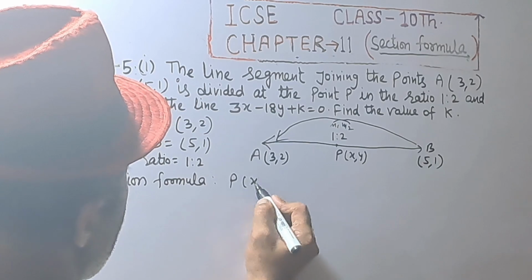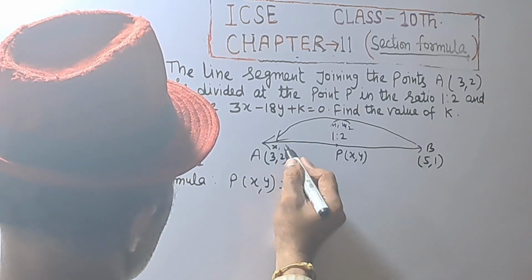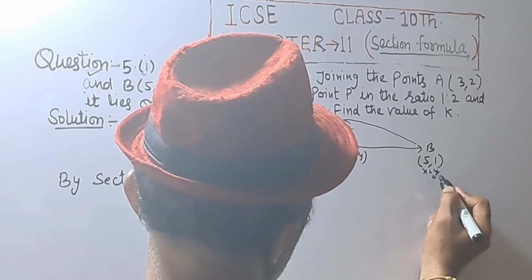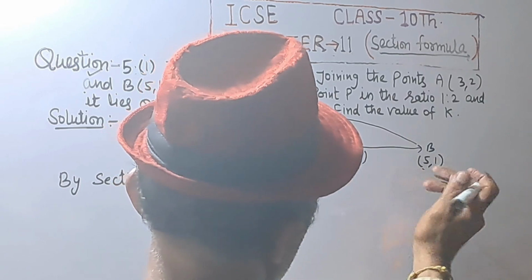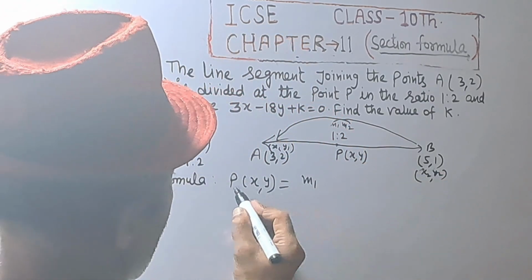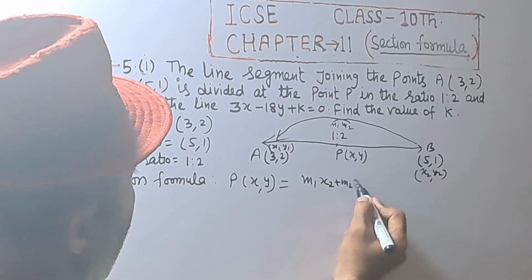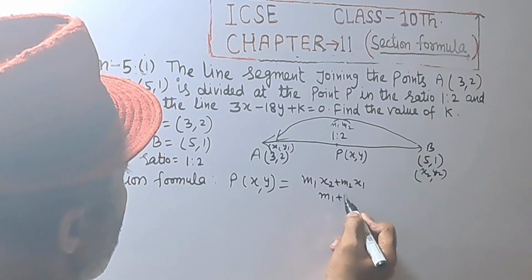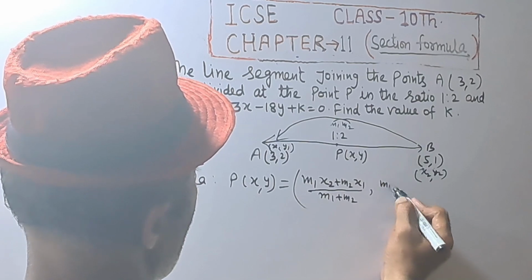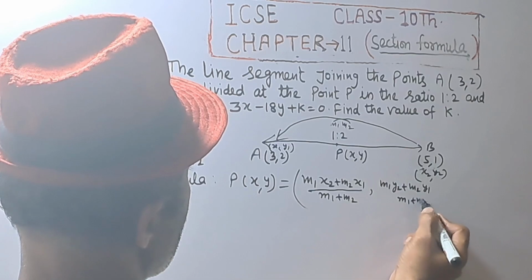That is, P(x, y) is equal to, with A as (x1, y1) and B as (x2, y2), P(x, y) is equal to (M1 x2 plus M2 x1) divided by (M1 plus M2), comma, (M1 y2 plus M2 y1) upon (M1 plus M2).